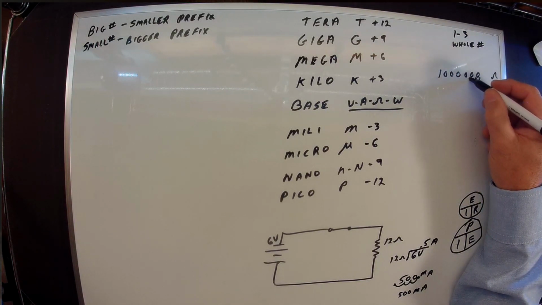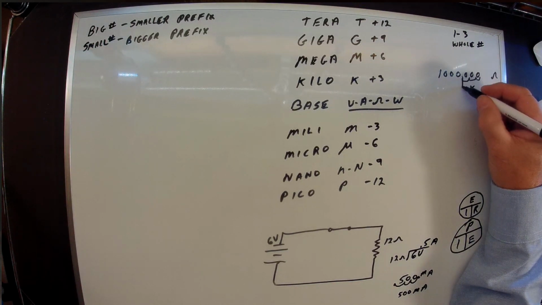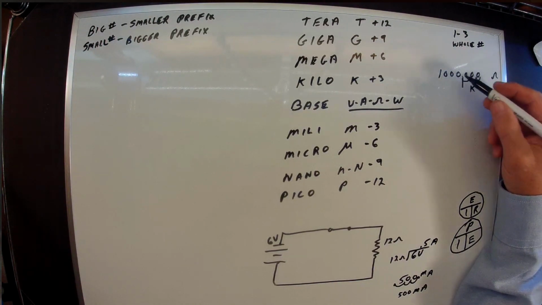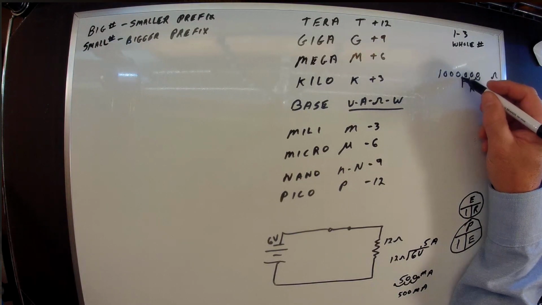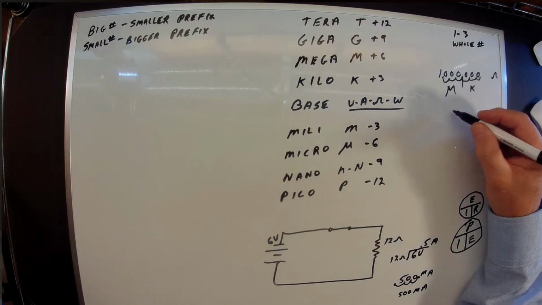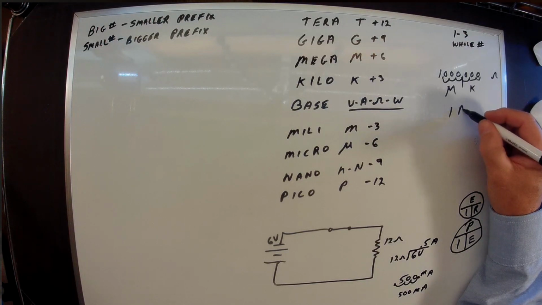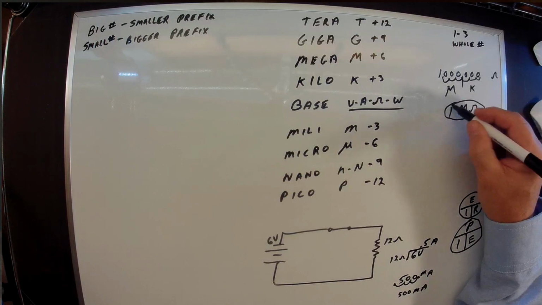So if we go 1, 2, 3 places with our decimal, then that would be 1,000 K ohms. See that? That's not enough. That's still 4 numbers. So we want to go 1, 2, 3 more, and then that would go up to 6. So that would be a meg. That would be 1 megohm.